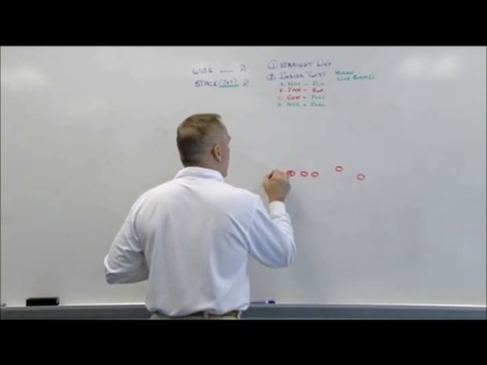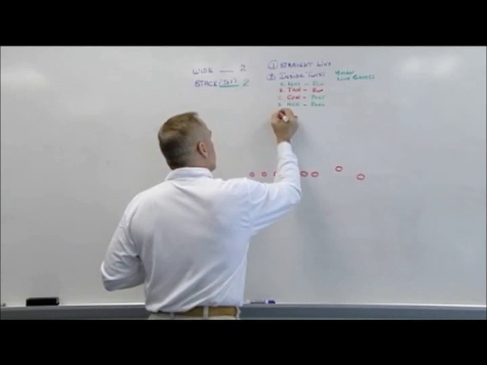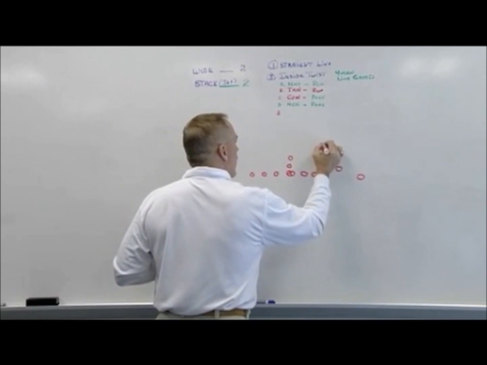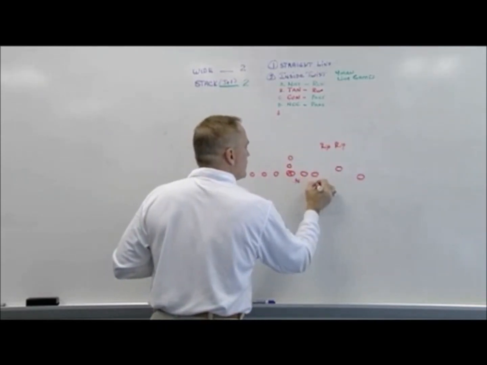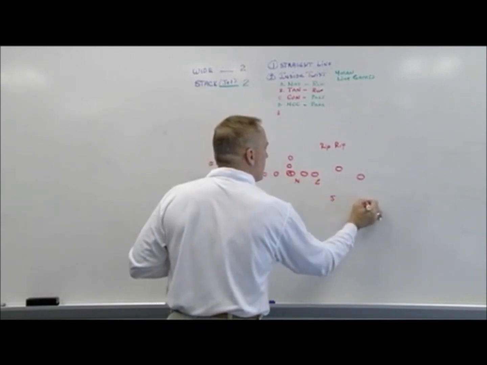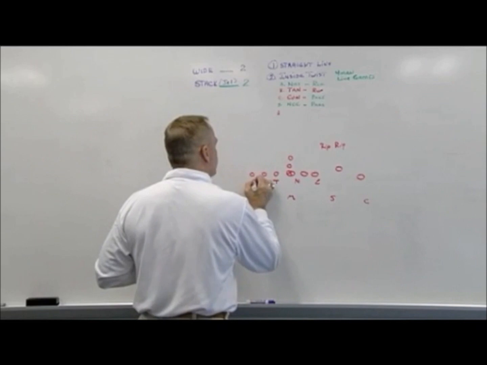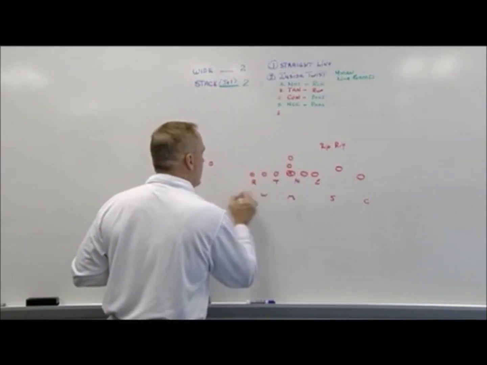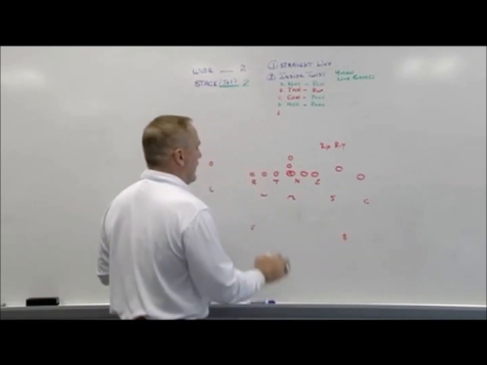Again, stack or wide. So it's a rip call away from the tight end. There's your nose, there's your end. Sam, corner, Mike, 4-3 structure. If we call stack, and let's call stack this time, that's a 6 technique. Cover 2, cover 4, cover 5, or cover 3.